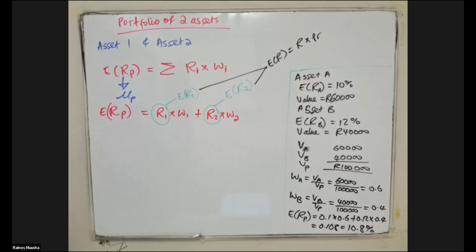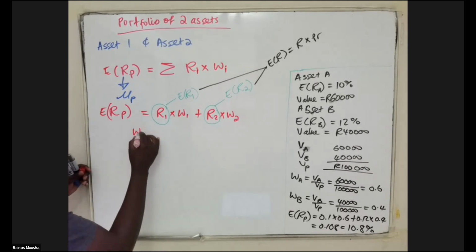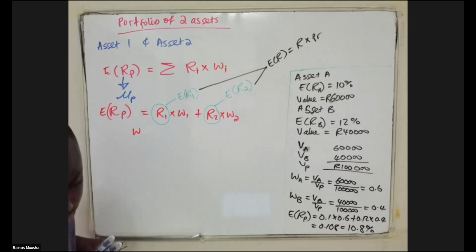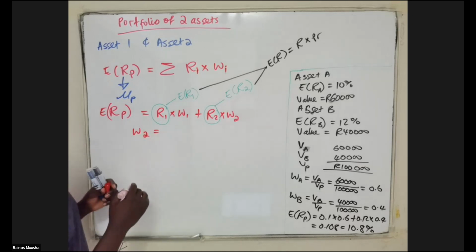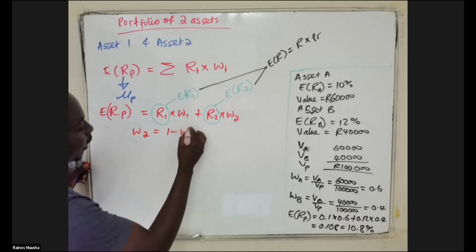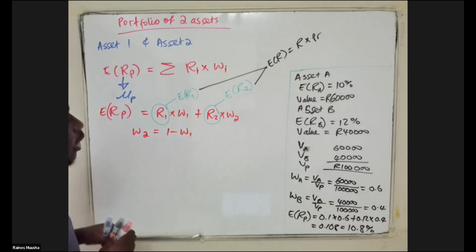Okay. Now, furthermore, please take note as well. In the textbook, they say the weight of asset 2 or weight of asset 1, so that I'm a bit more consistent. The weight of asset 2 is equal to 1 minus the weight of asset 1.